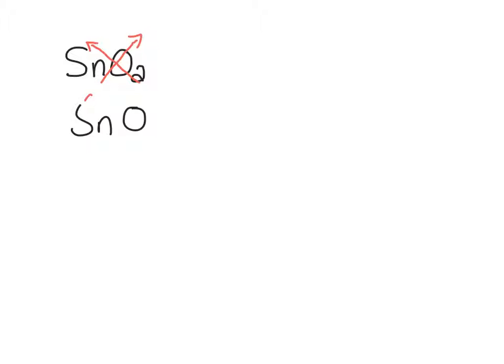Tin would be 2, and the oxygen would be 1, because we don't write our 1s, it's just understood. But this is not true. Oxygen does not have a charge of -1. It has a charge of -2. So we would have to multiply both the negative and the positive by 2.